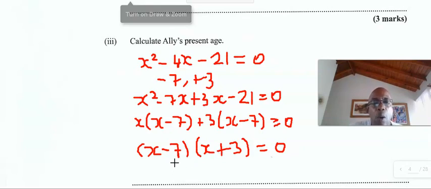So all we do, we say either x minus 7 equals 0, or, because it's one or the other, x plus 3 equals 0.